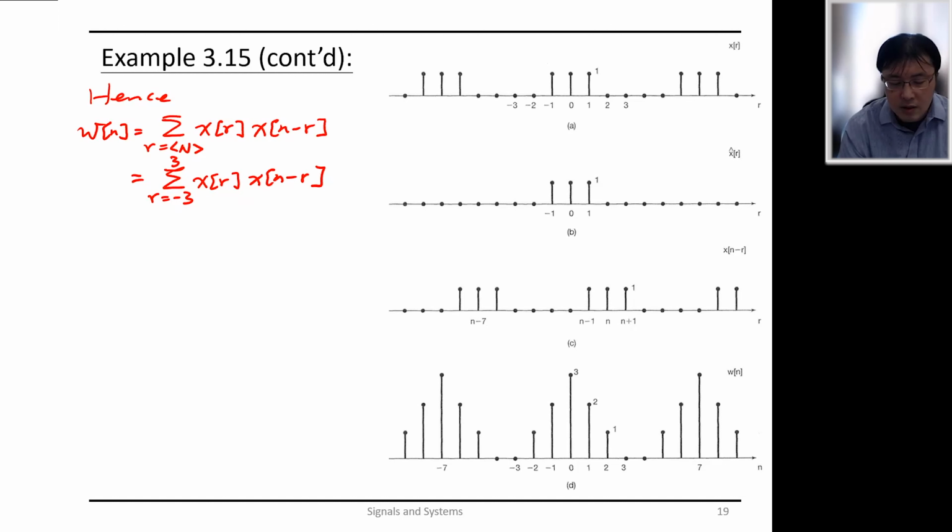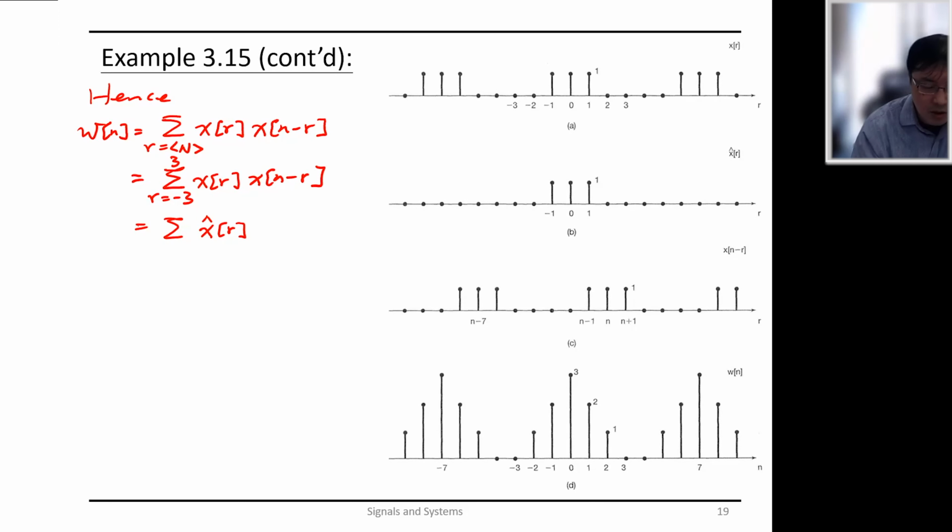Instead of doing this directly, since we're limiting our summation over only one period of the signal xr, this is equivalent to looking at the summation over some effective signal xr hat, where xr hat is equal to xr for r within this range, but 0 everywhere else.